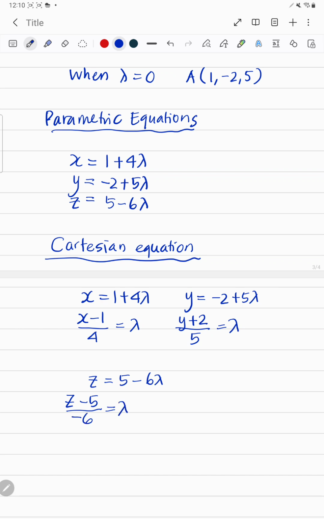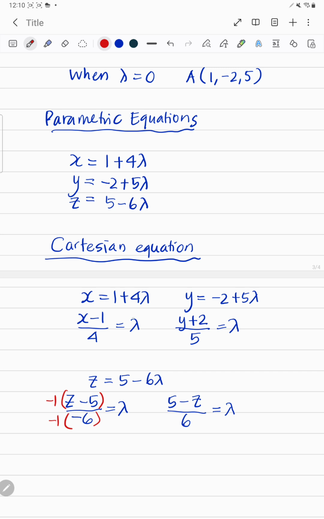Or we can rewrite this as 5 minus z over 6, which is lambda, where we multiply the top by -1, and similarly multiply the denominator by -1, so that we reach 5 minus z over 6.